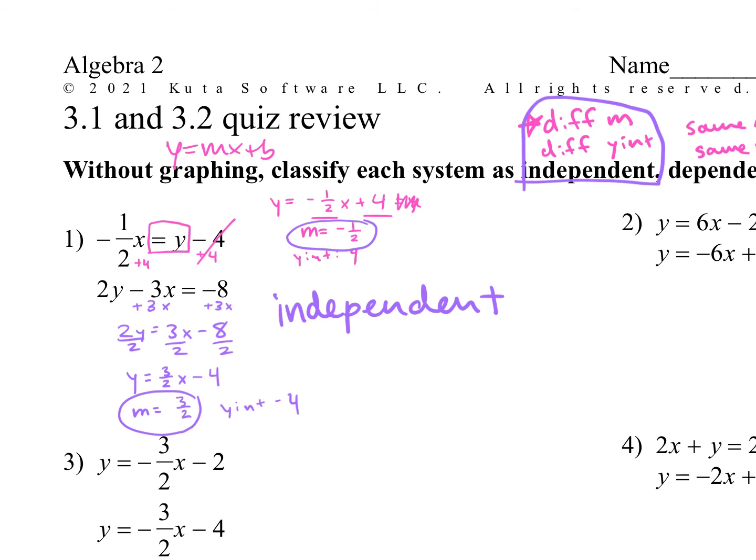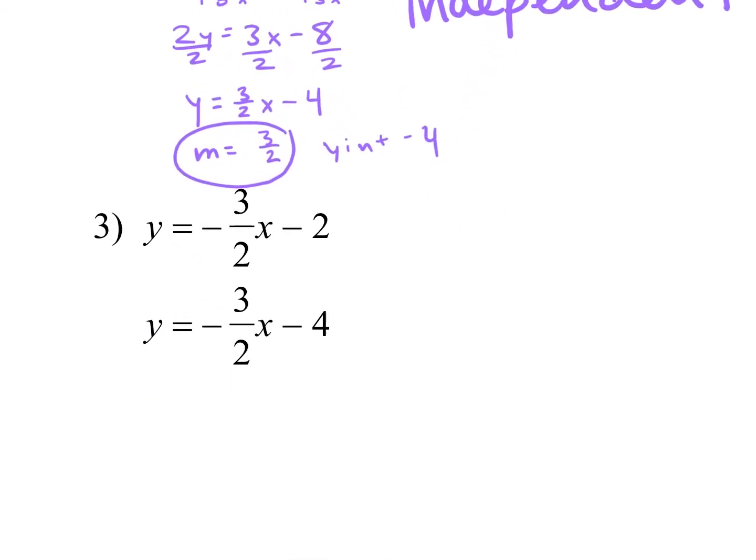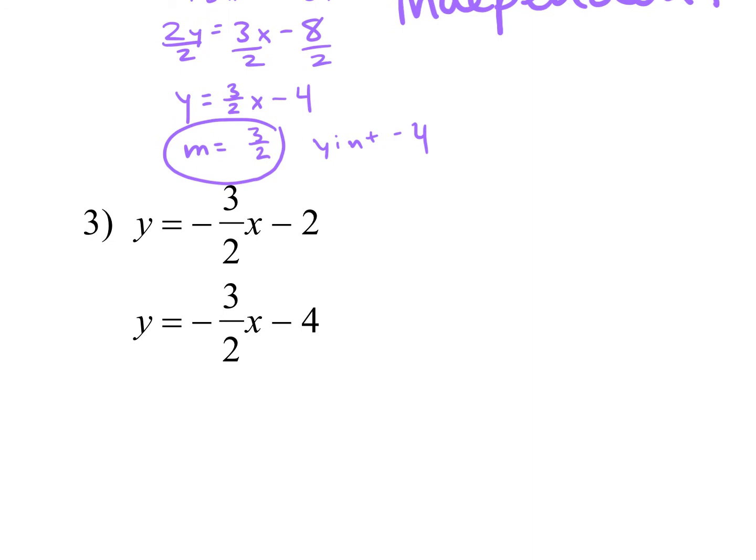All right, number 3. So what do I have to do first for the first equation? Nothing. It's already in y equals mx plus b. So what's my slope? Negative 3/2.